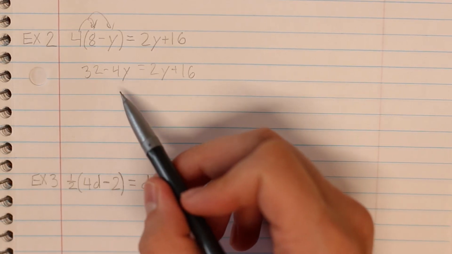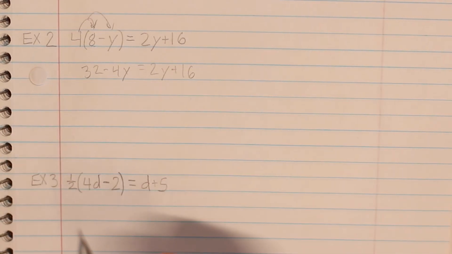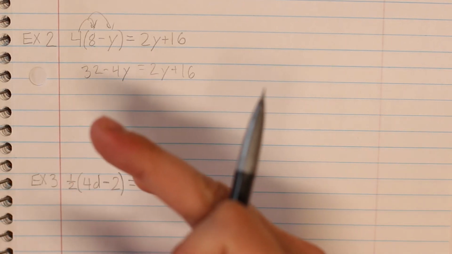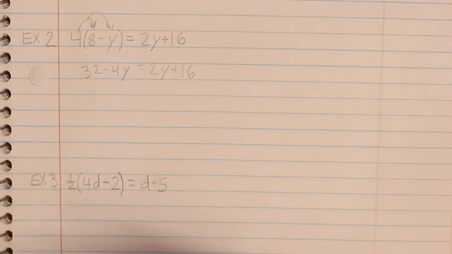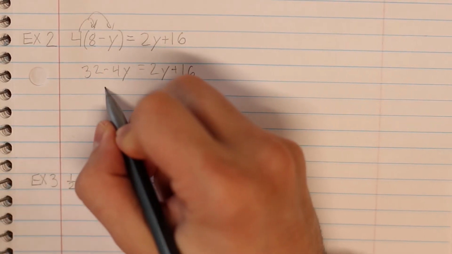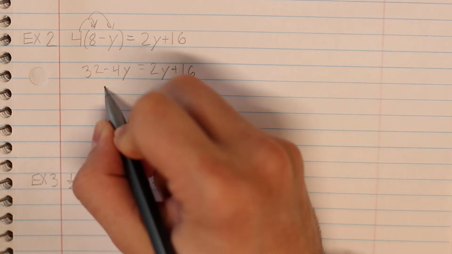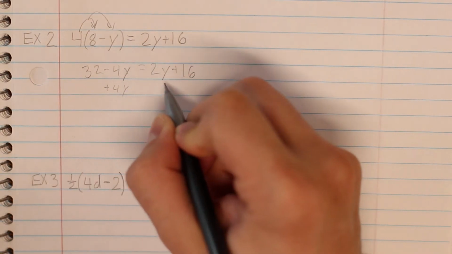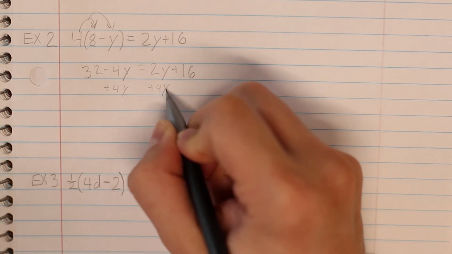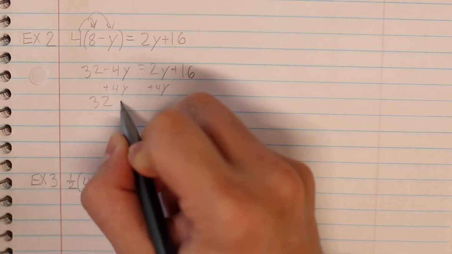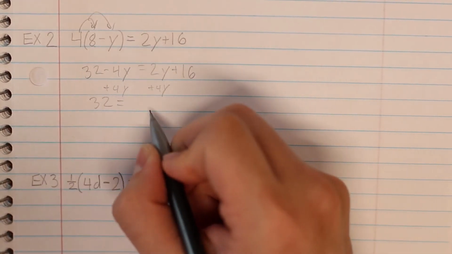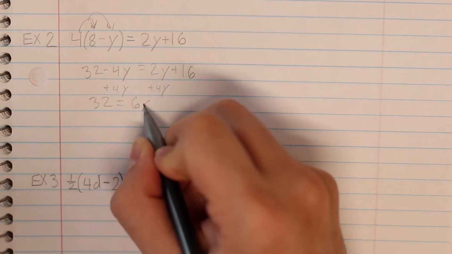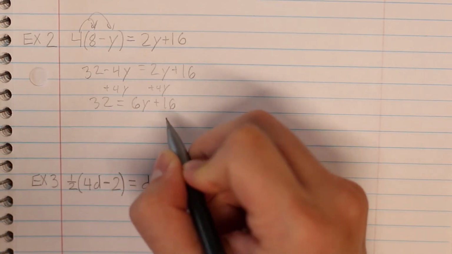Either way, it's going to get rid of one and move it up to the other side. One, though, is going to give me a negative, one gives me a positive. So I prefer to keep a positive attitude about things, so I'm going to go ahead and just add 4y to both sides. So I end up with my 32 equals, because this is now gone, 6y plus 16.